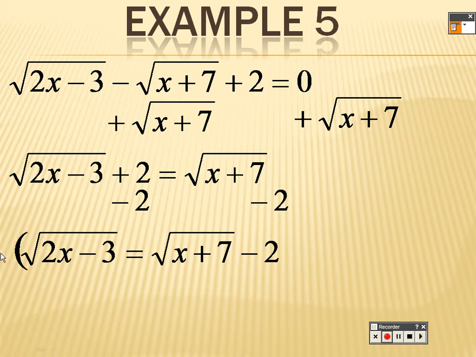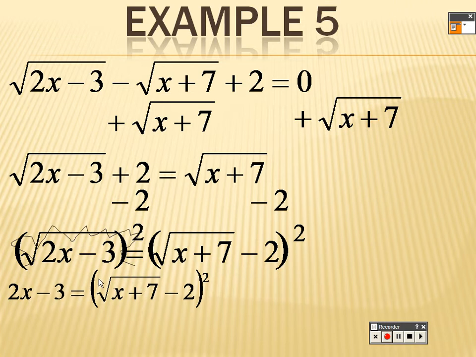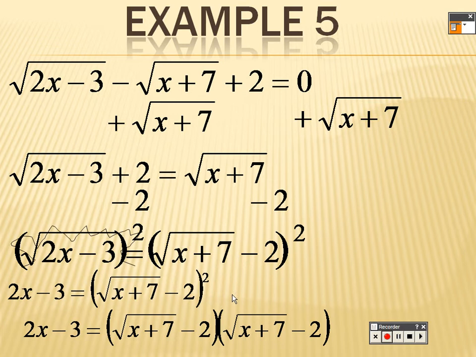Now you can square, but you got to square everything even on that side. Well, this is fine now. We got rid of one of the roots. It's a 2x minus 3, and now I have in parentheses a square root of x plus 7 minus 2. I have to write that out twice, which means there is some crazy foiling to do here next coming up.